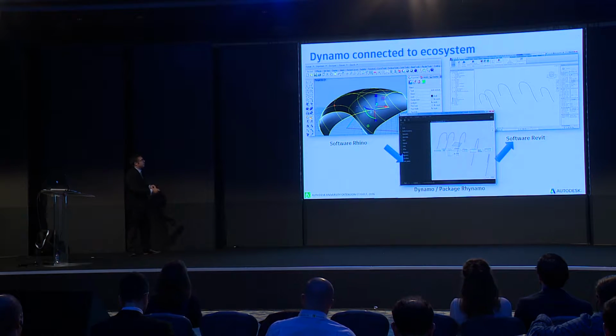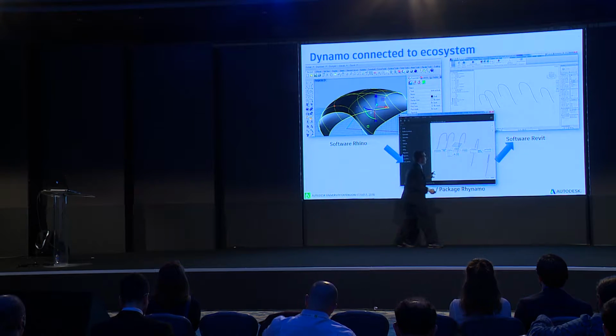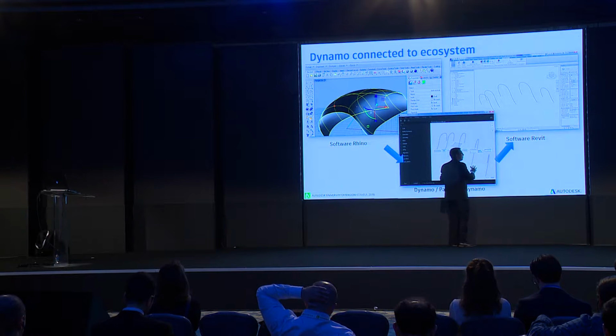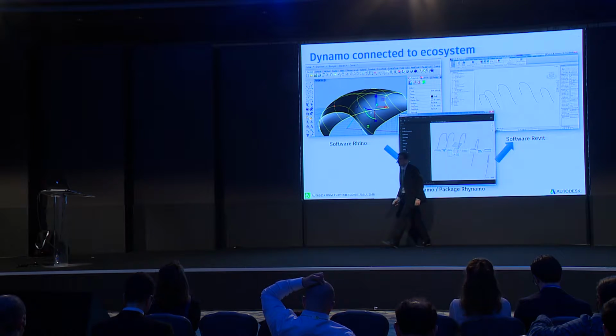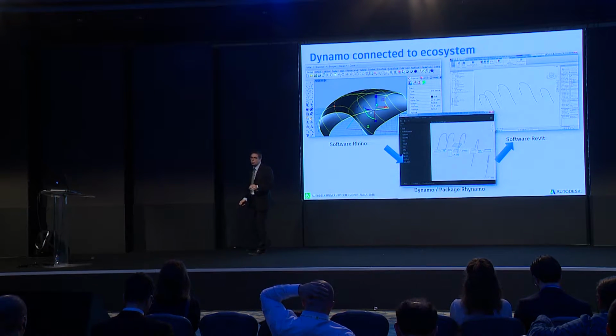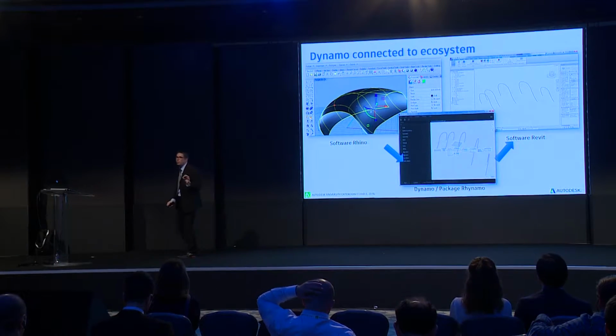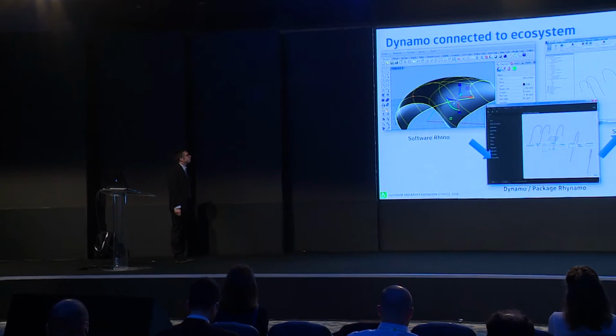Using Dynamo with the Rhino package, you can read your Rhino file directly into Dynamo and transform it into Revit. And in this way, you will have native objects in Revit. It's more pure than if you import a SAT file.